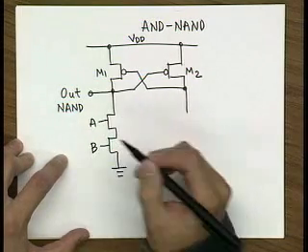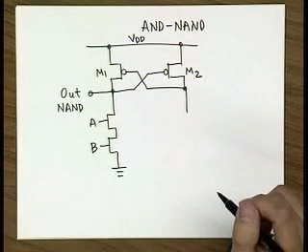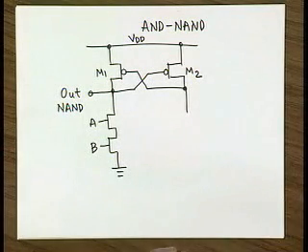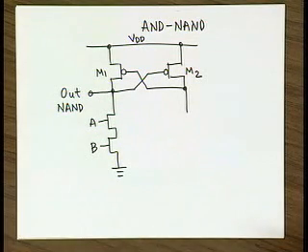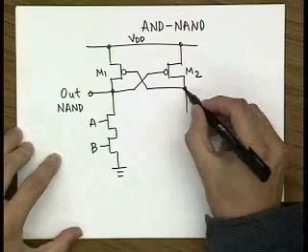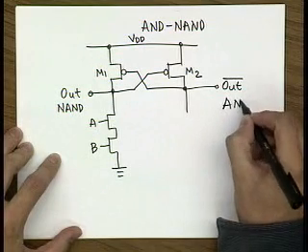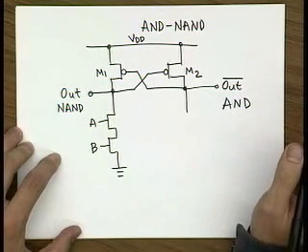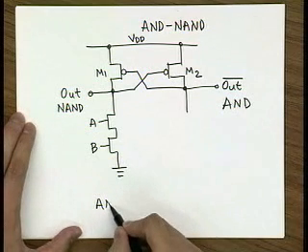A and B. And now you remember, for this CVSL, you also need to have another mutually exclusive pull-down network that is also driven with complementary input signals. What does this mean? So now I need to implement the complementary output that will implement my AND function. So what do I know about AND?